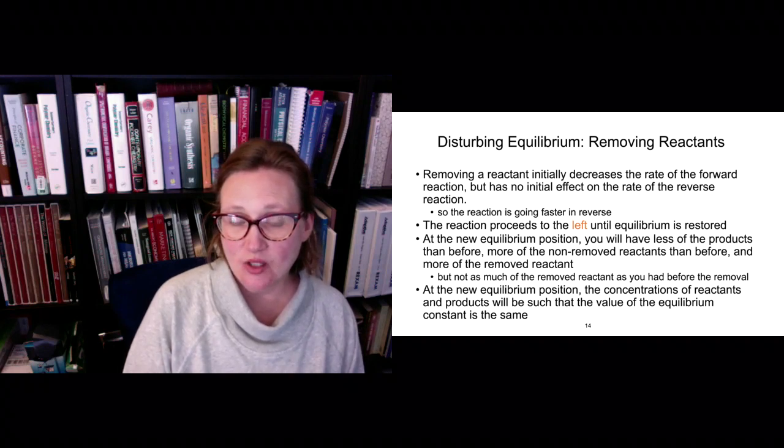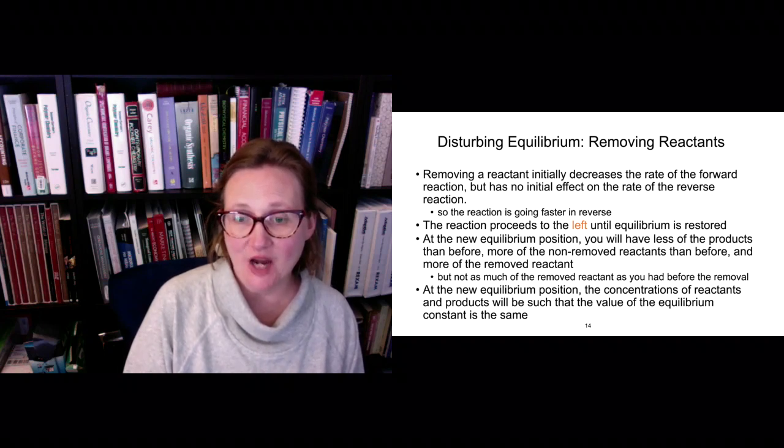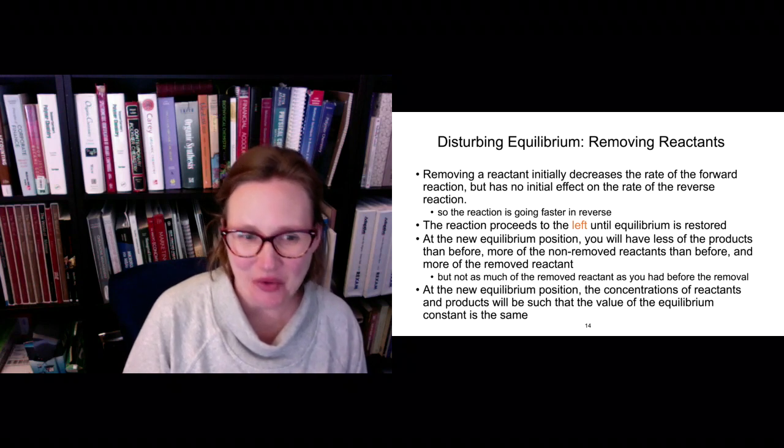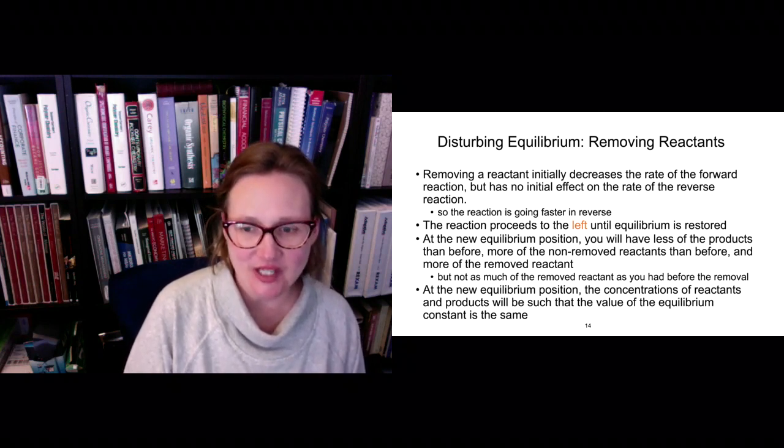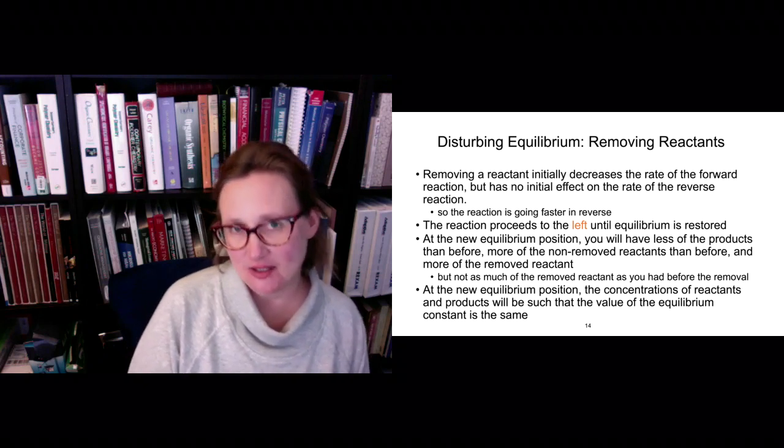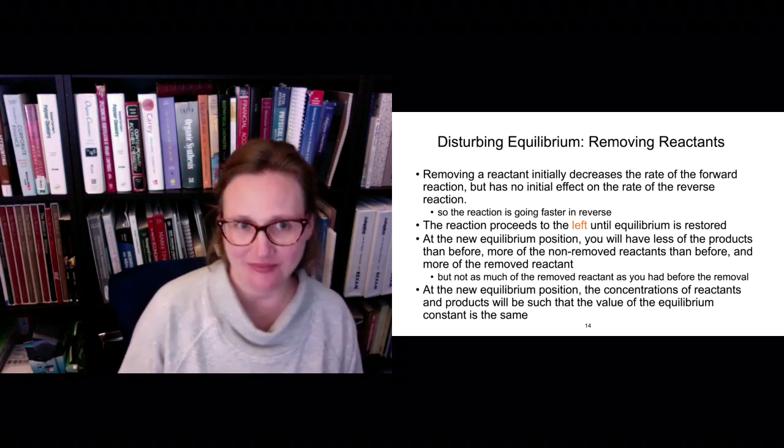So at this new equilibrium position, you have less of the products than you had before, and more of the non-removed reactants than before. All right, so we've established the equilibrium. So the equilibrium constant remains the same. It's not changing.